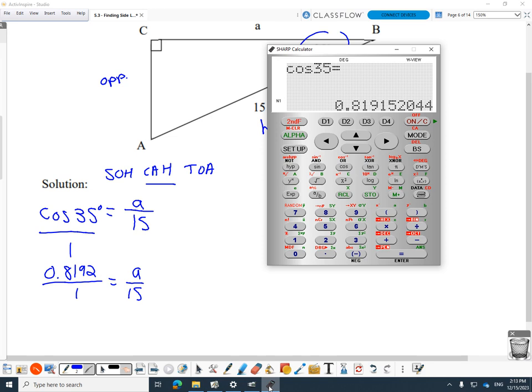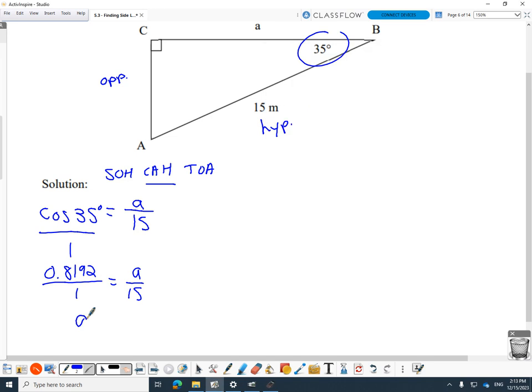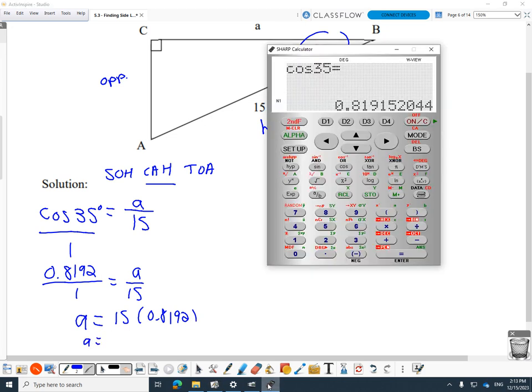Next, cross multiply. A times 1, which, I don't know. I'm hoping for you that you don't need to write down A times 1 anymore. If you do, good, but I don't know. A times 1 is A. And then the other side is 15 times 0.8192. Jam that in my calculator, which, by the way, I've even got another shortcut.